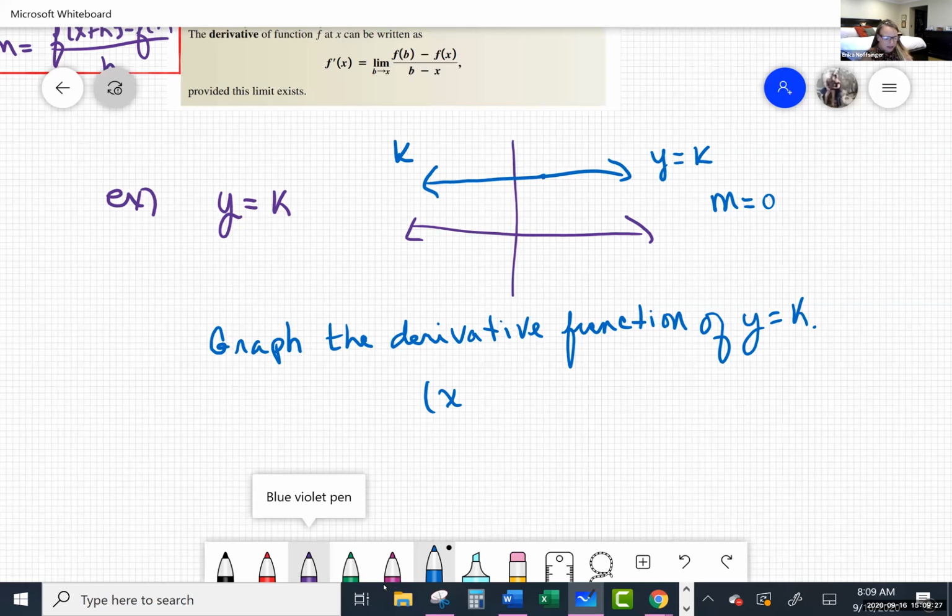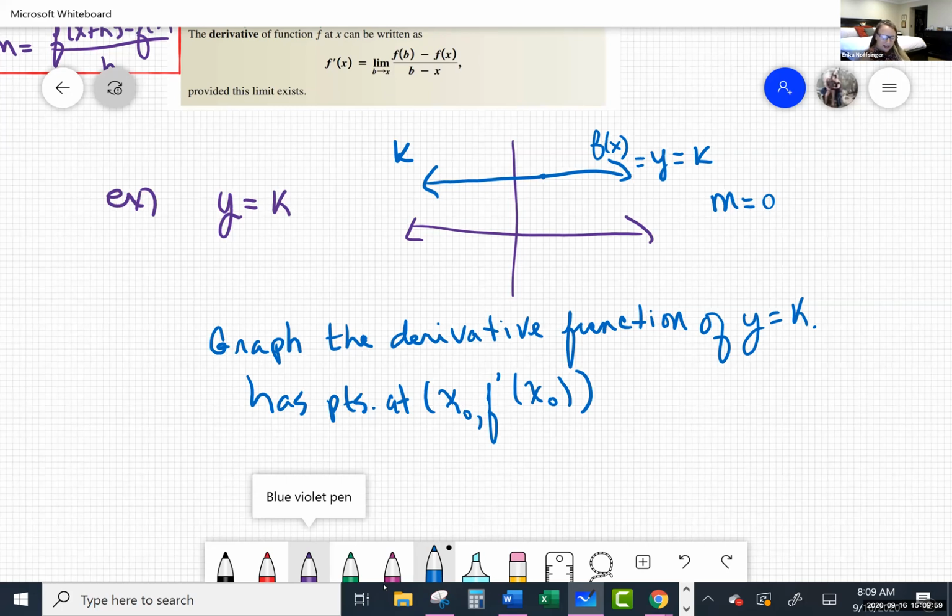Let me call this f of x, which just makes life easier sometimes. This would be f prime, and let's say this is x of 0. Okay, so those are where our points are.